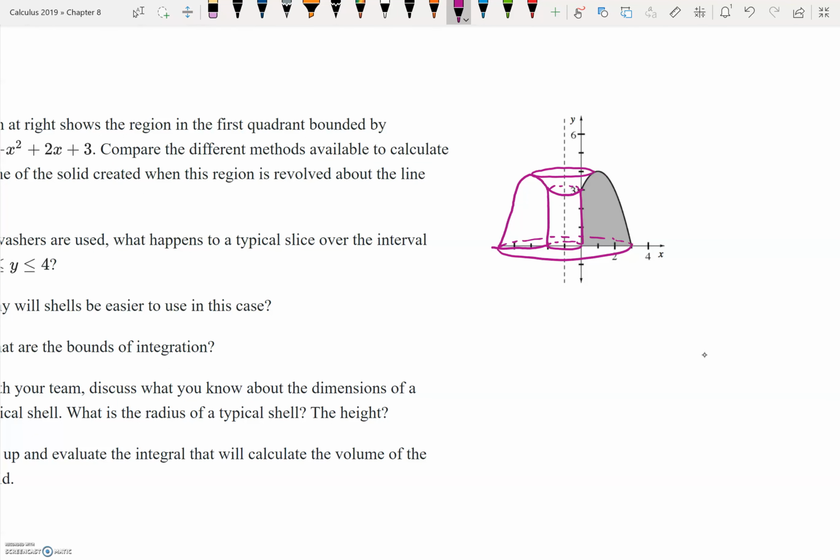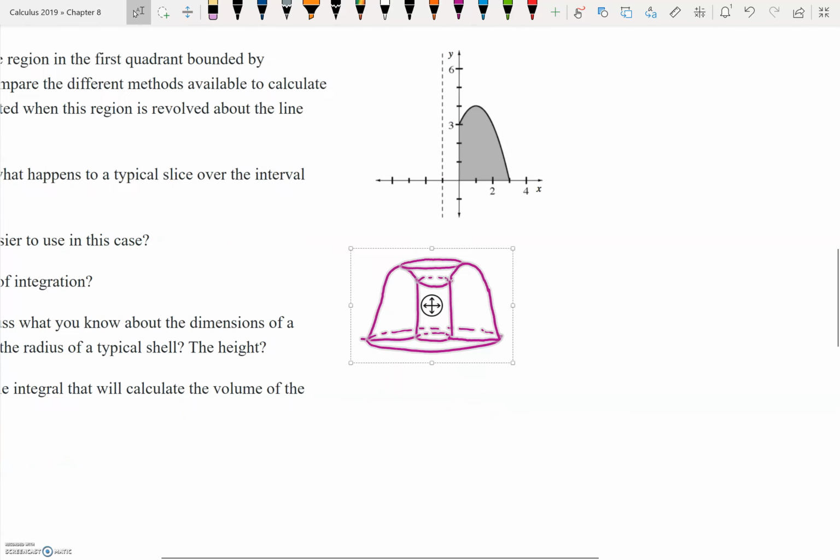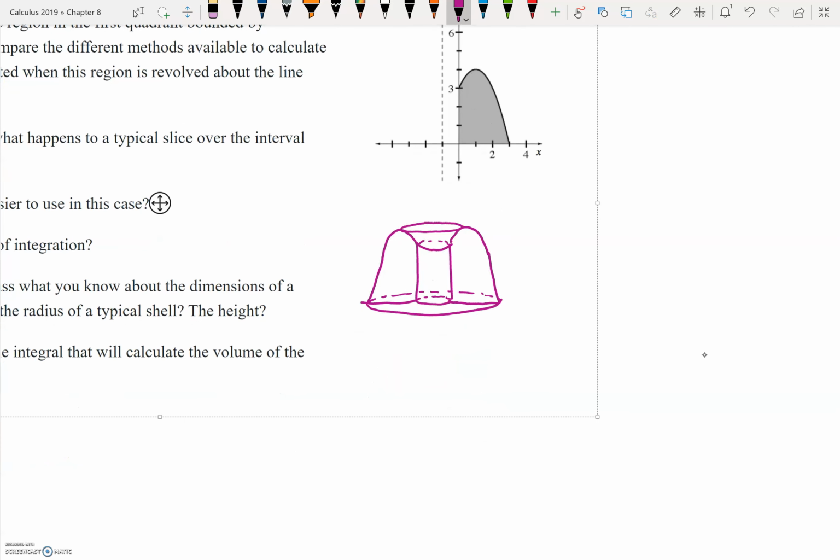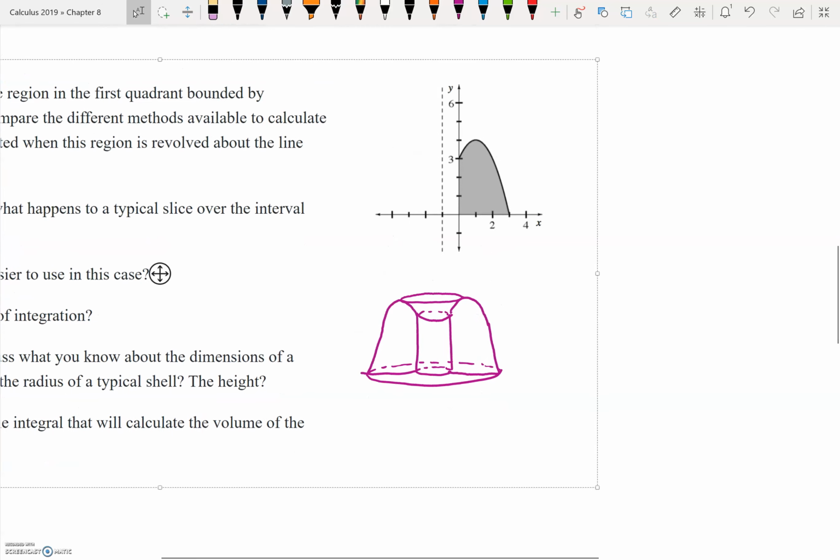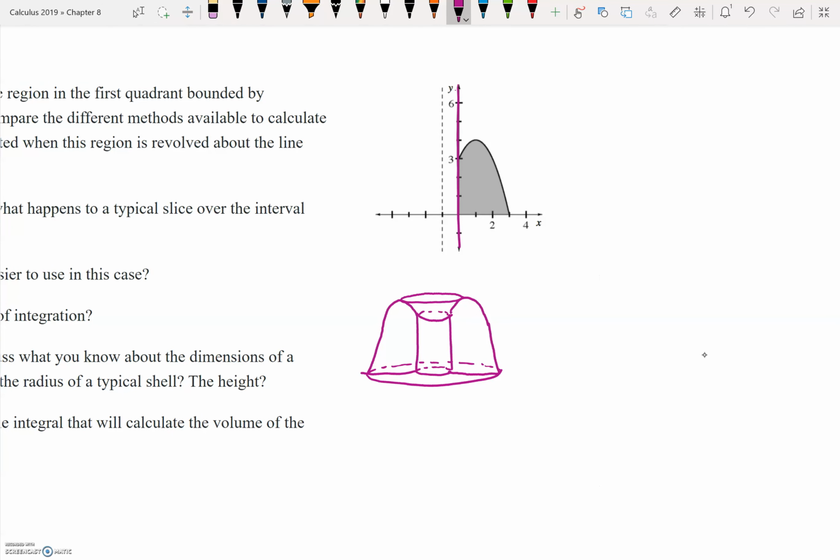So I want to imagine that our integral instead will look like this. Oh, how am I going to do this? Oh, I know what I can do. Instead will look like that.